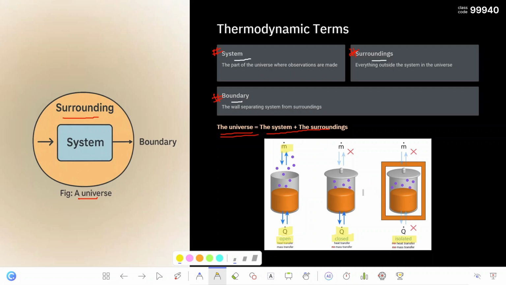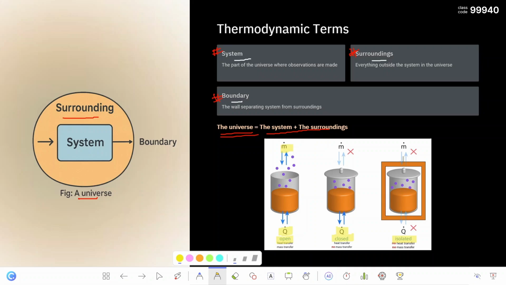Then another is isolated system. Isolated system means in this case mass transfer won't happen, heat transfer also won't happen. Suppose we are taking the reactants in a thermos flask. A thermos flask will never transfer heat with the surroundings. So there is no mass transfer, there is no heat transfer. You can see different kinds of systems around your room.